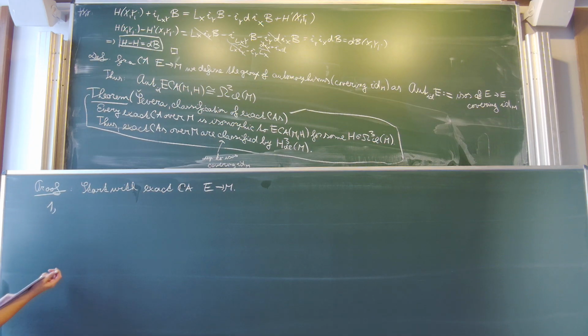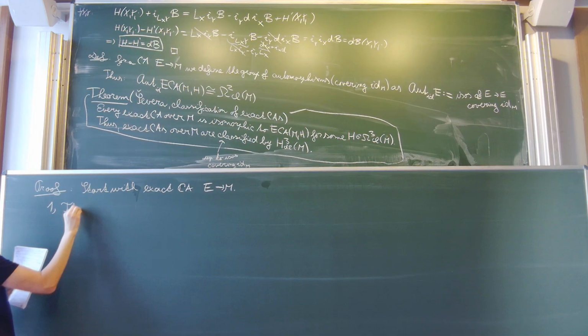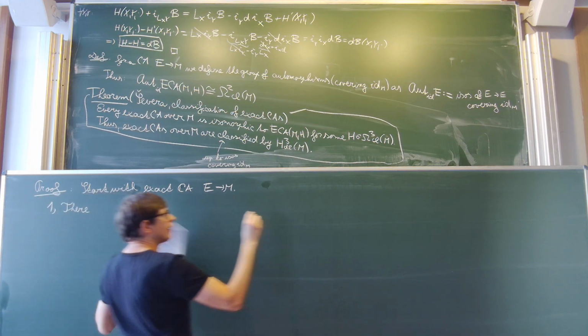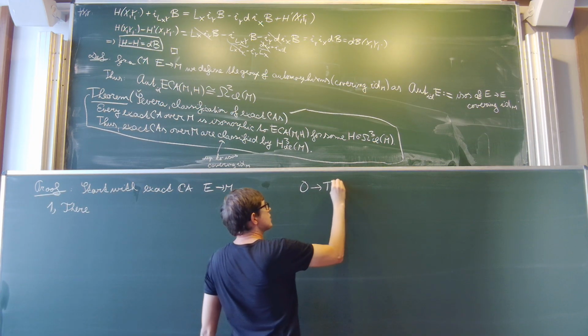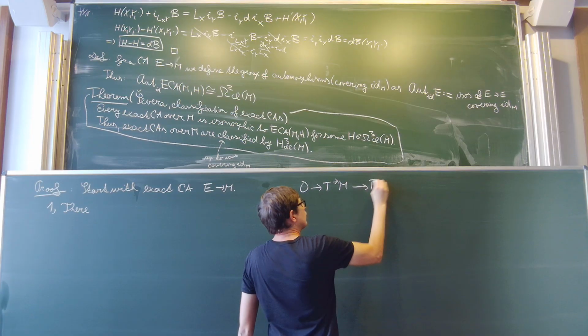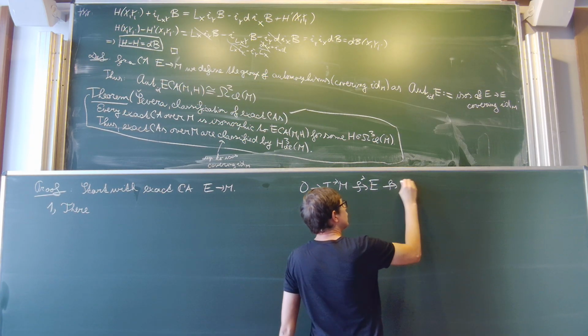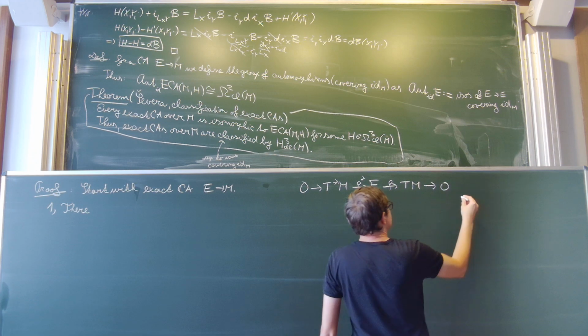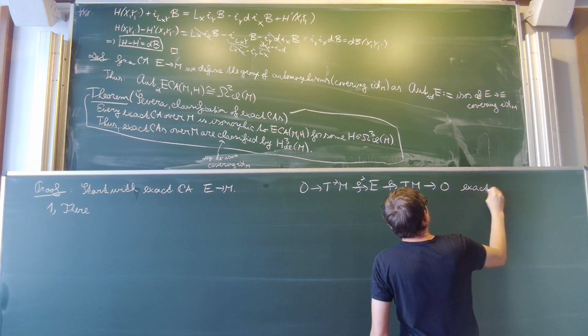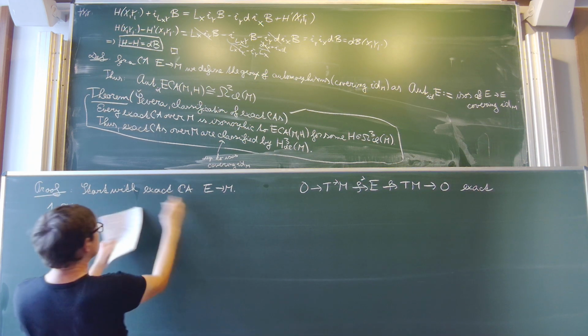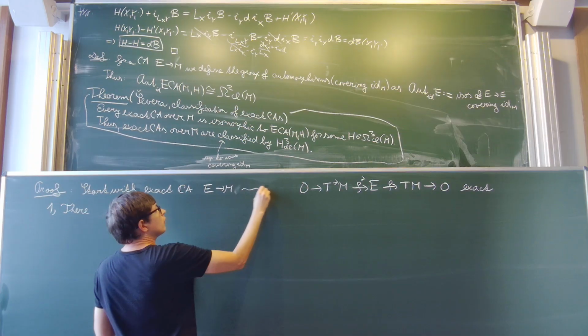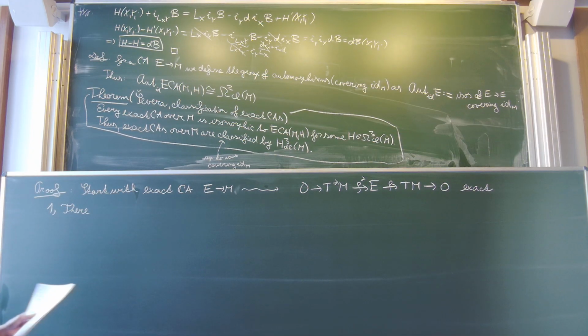I decided to split it in several parts. So first claim: remember, exactness meant that there was this sequence, T*M to E to TM, and this was exact.